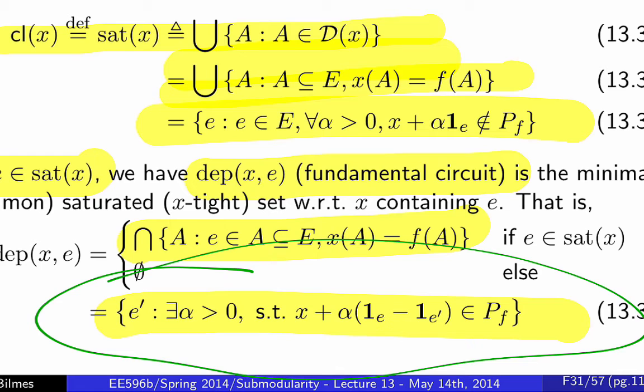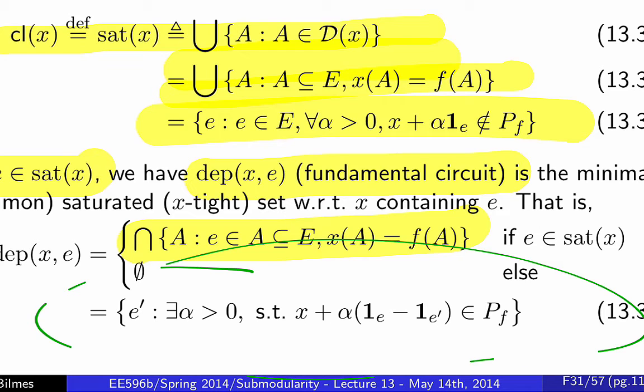What this is saying is it's all elements E prime. Let's just erase all of this stuff so we can talk about it. It's all elements E prime such that there exists an alpha, so there just has to exist an alpha, which is non-negative.